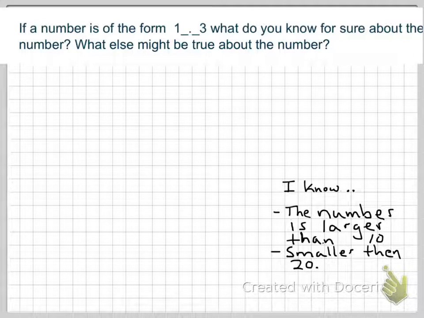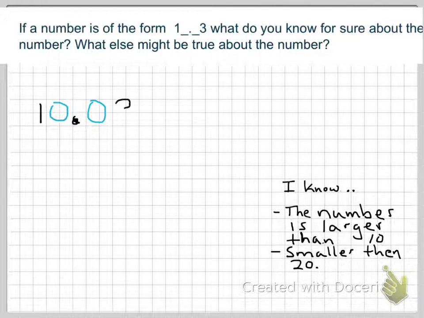If I decide to start putting some numbers in the blank spaces, I can start with the number 1 because that number has been given to me. And if I want to make the smallest possible answer, I could put a 0, put the decimal point, a second 0, and the number 3.